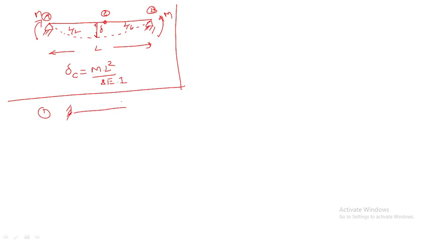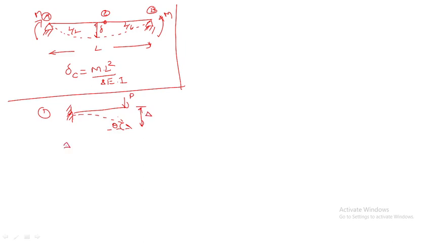For example, this is a cantilever beam with a point load, right? So how will it deflect? It will deflect like this, right? This is the slope with the horizontal, and this is delta, the deflection.